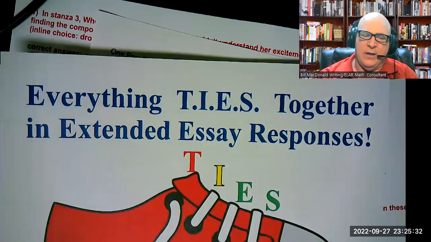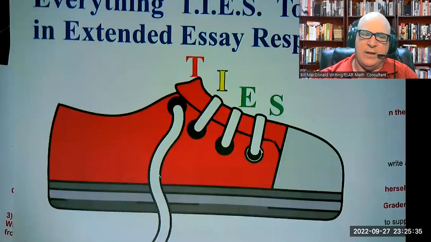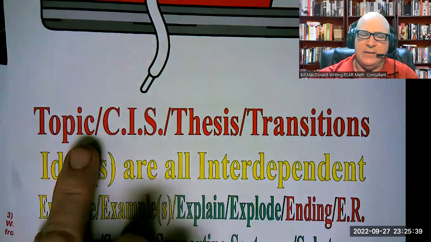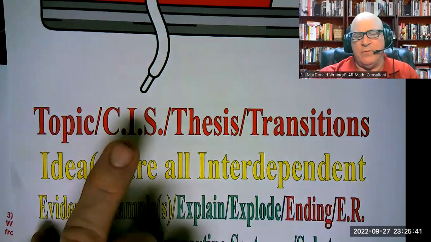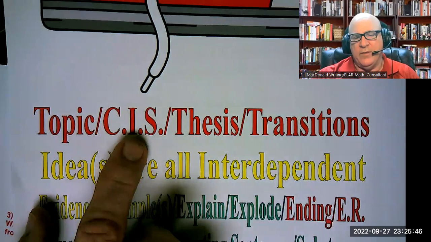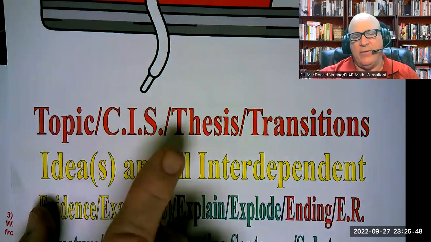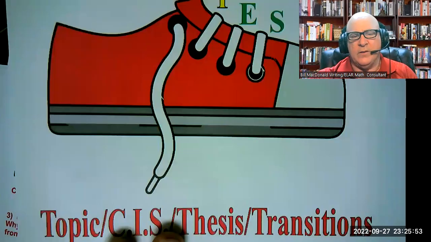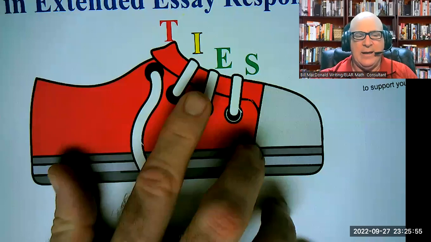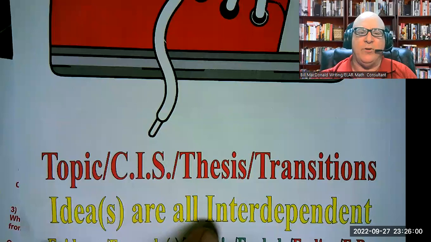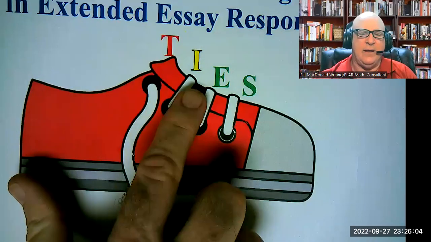And I want you to think the T as in the topic, red light, and then I'll need that CIS, central idea statement for elementary, controlling idea statement for middle school, thesis for high school, and that everything as you move from idea to idea, because all the ideas are interdependent, then we have to have good transitions as we go from one idea to the next.